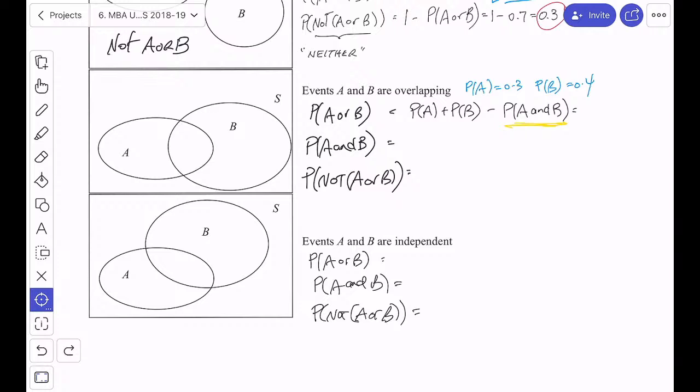So let's say I knew I was here, so I know A occurred. Does the chance that B occurs in this space change? If the chance of B in the regular S space is the same as the chance of B in the domain of A, then these are independent events.